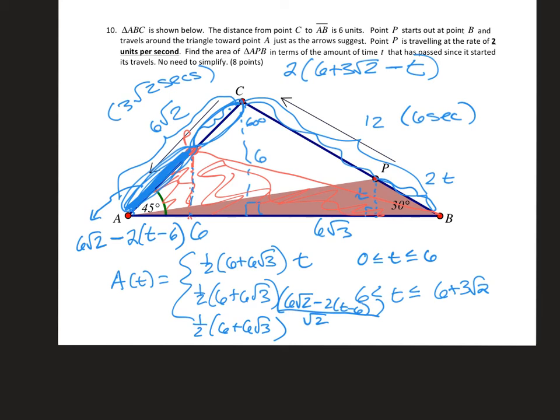So that would be 6 plus 3 root 2 minus t, times the rate of 2, and then you also have to divide by root 2.